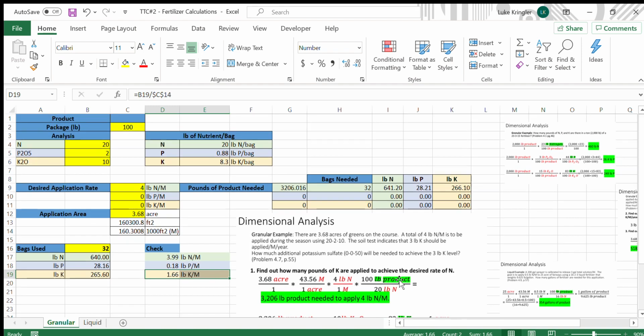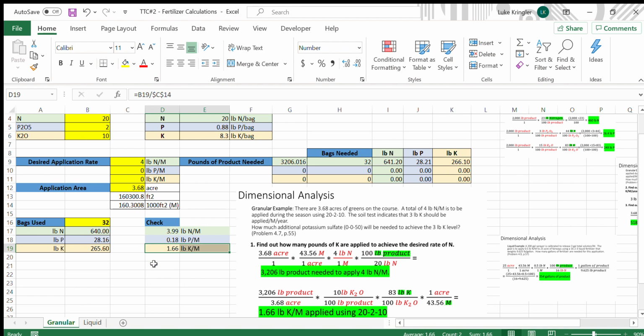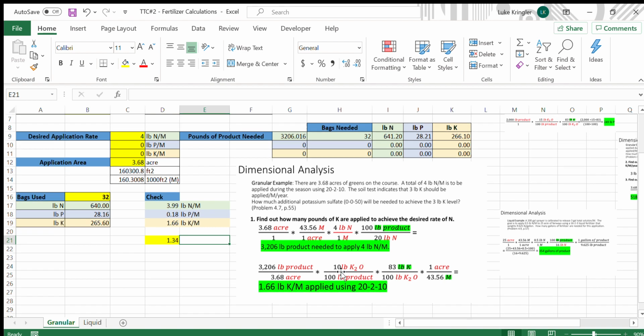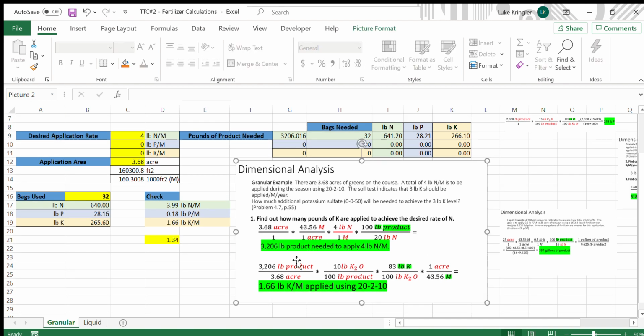We know from the prompt that we are looking to apply 3 pounds of potassium, so we can simply do equal sign 3 pounds minus the 1.66 that we already applied, and we get 1.34 pounds of potassium still need to be applied to meet the results of the soil test. And we can check, in the PowerPoint supplemental to this video, the long form calculations are provided.